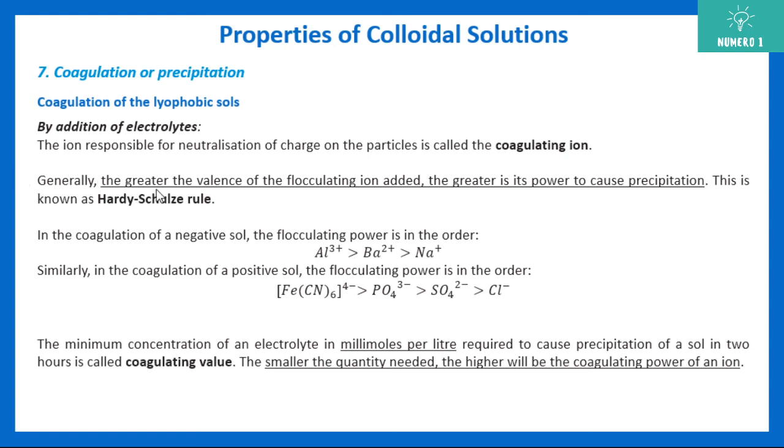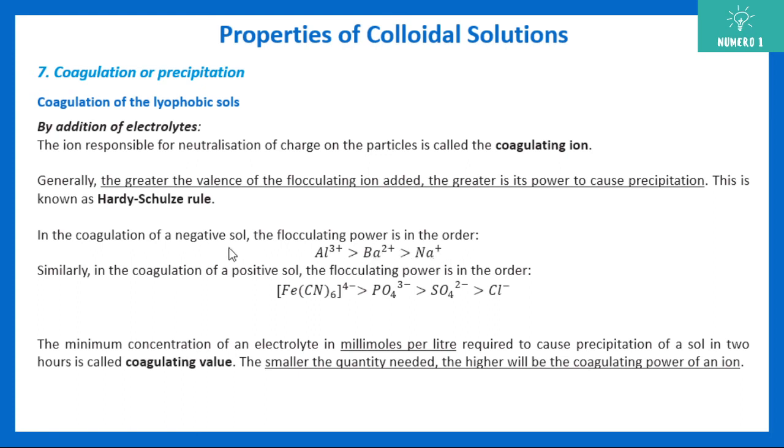Generally, the greater the valency of the flocculating ion added, the greater is its power to cause precipitation. This is known as the Hardy-Schulze rule. So Al3+ is more powerful than Ba2+, which is more powerful than Na+.